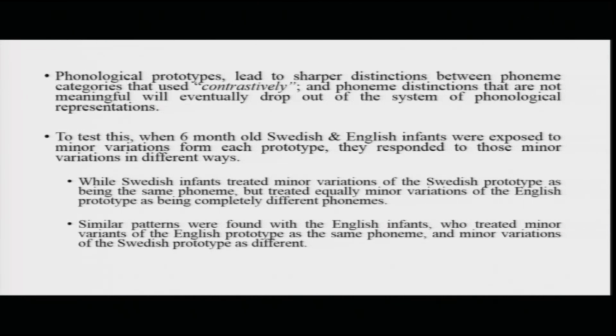Swedish infants treated minor variations of the Swedish prototype as being the same phoneme, but treated equally minor variations of the English prototype as being completely different phonemes. Similarly, the English-speaking infants treated minor variations of the English prototype as the same category, but minor variations of the Swedish prototype as very different categories.